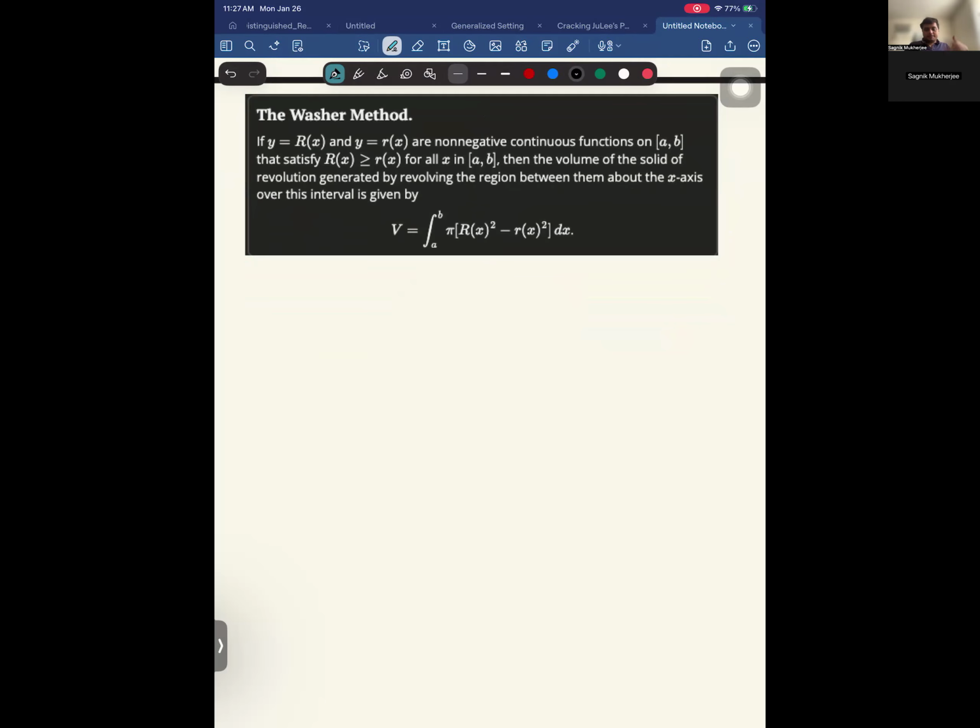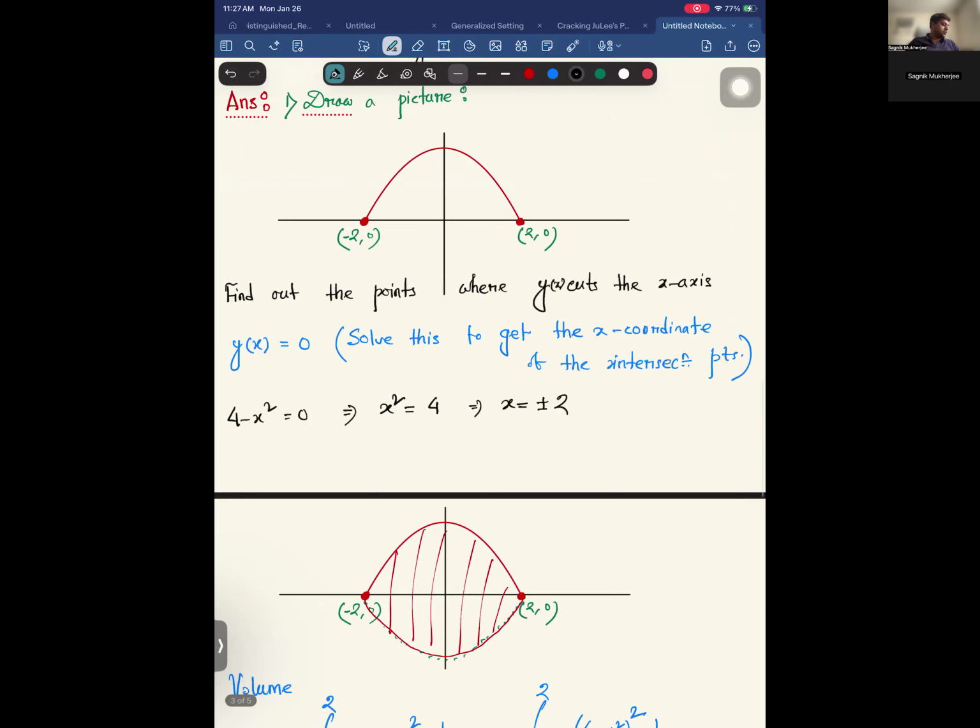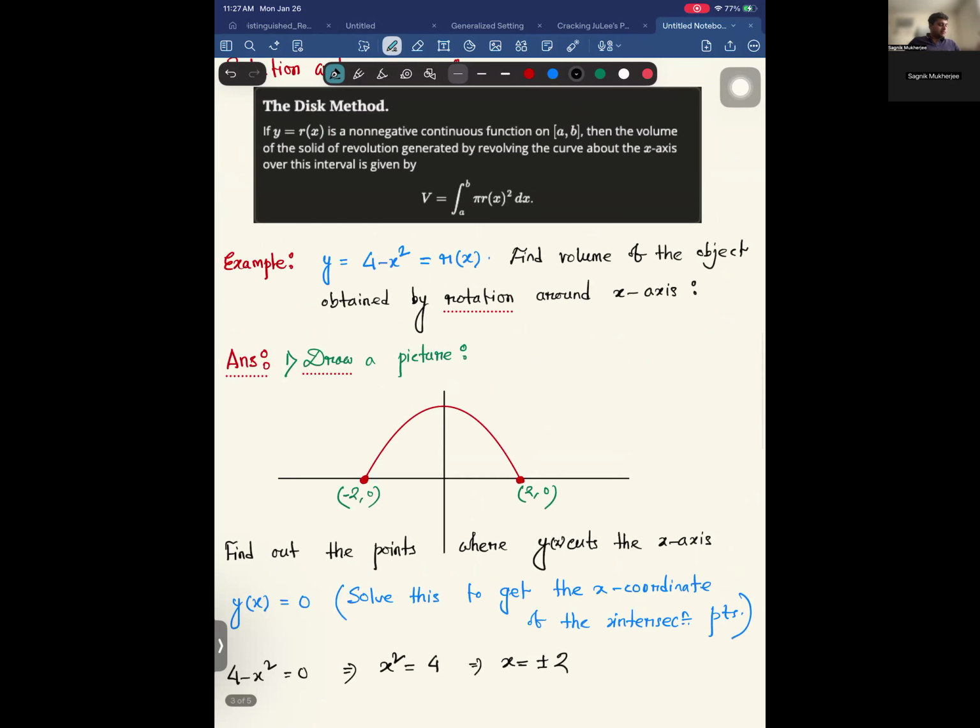So in the previous method, that is the disk method, there was just one function. But if you think carefully, there are actually two functions, right? One is R(x), which in this case is 4 minus x squared. And the other one is the x-axis, which is nothing but y equals 0, right?